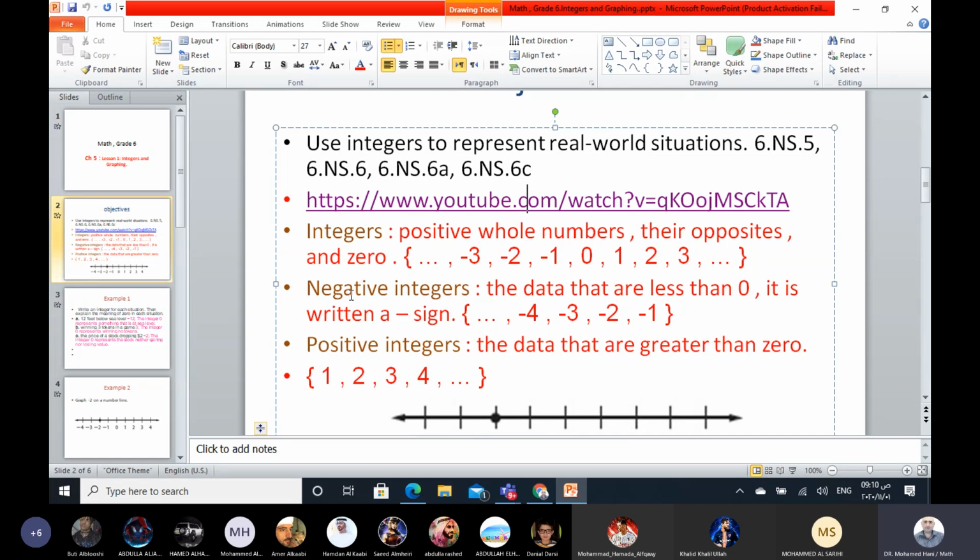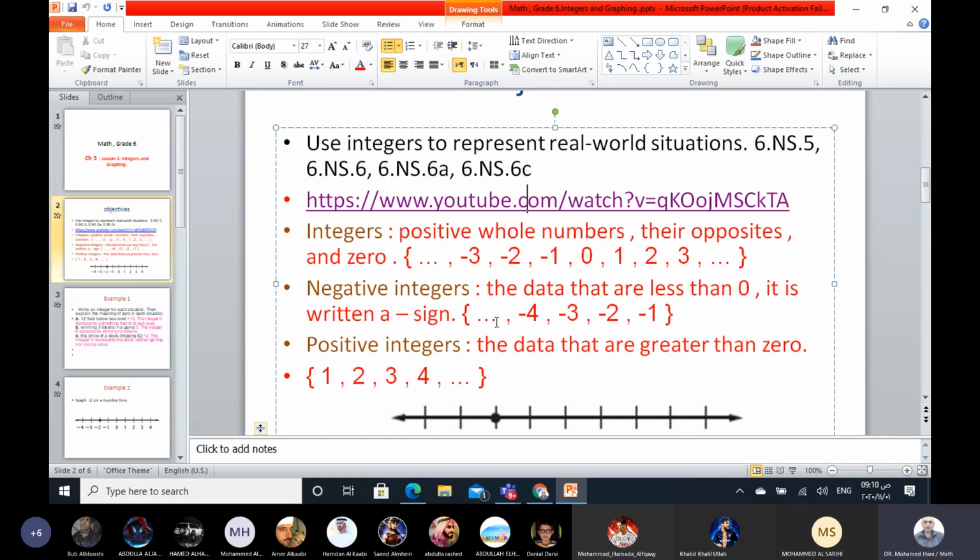So what's the meaning of negative integers? The data that are less than 0. It is written with a minus sign before the number. So when you see minus before any number, this number will be what? Negative. So for example, -1, -2, -3, -4, etc., to infinity.